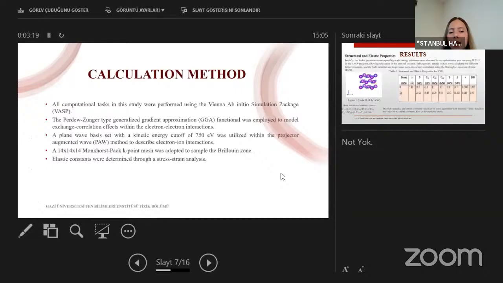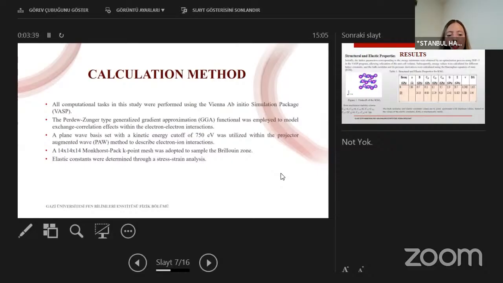All computational tasks in this study were performed using the Vienna Ab initio Simulation Package, VASP. The Perdew-Zunger type generalized gradient approximation function was employed to model exchange correlation effects within the electron-electron interactions.